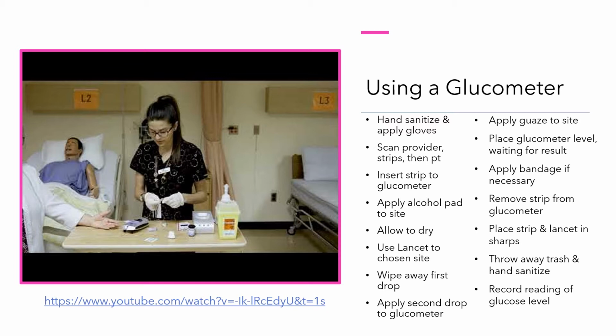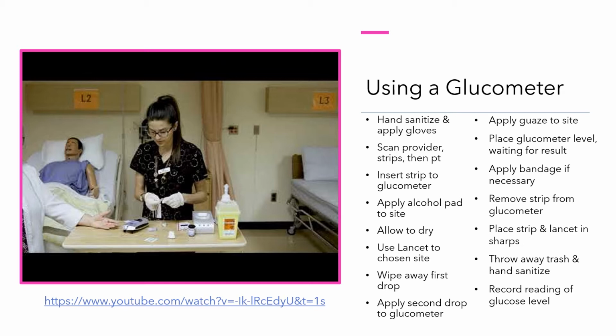Then once everything has been verified, you can insert the strip into the glucometer. On the patient's hand, you're going to apply the alcohol pad to the site, cleaning it, and then allowing it to dry. Then you're going to grab your lancet and place it on your chosen location, usually your fingertips. Once you have activated the lancet and you have a drop of blood, make sure that you wipe away that first drop.